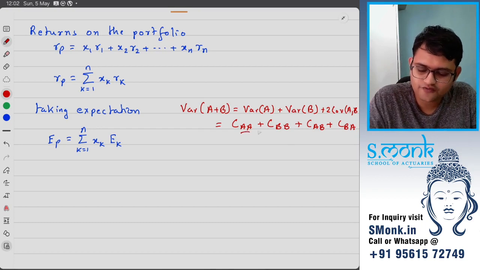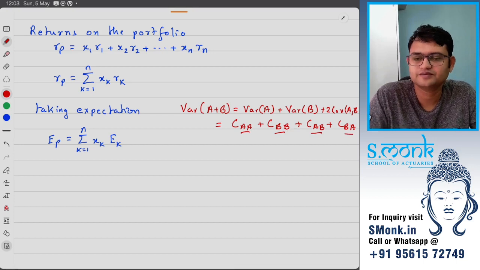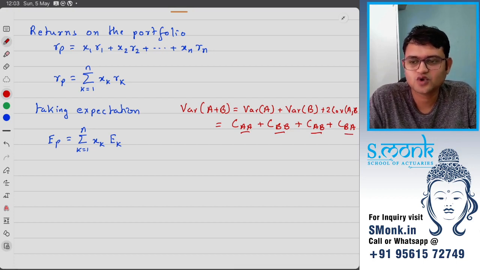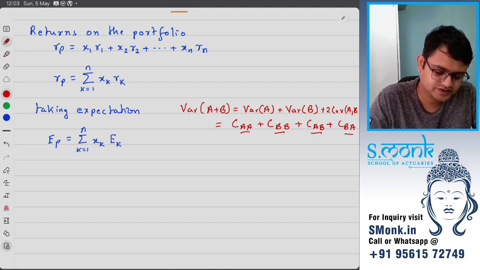So these are all 4 combinations: AA, BB, AB and BA. All 4 combinations of this covariance.